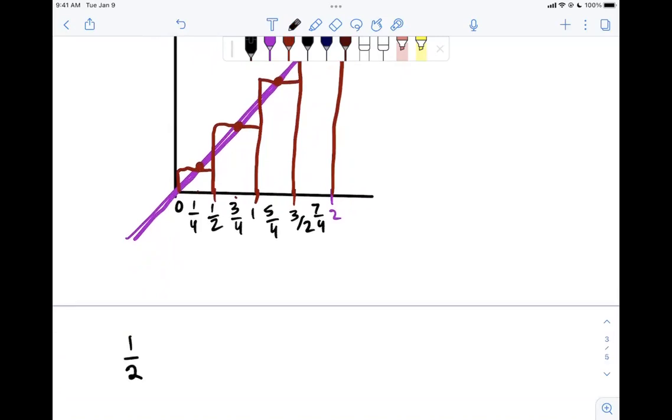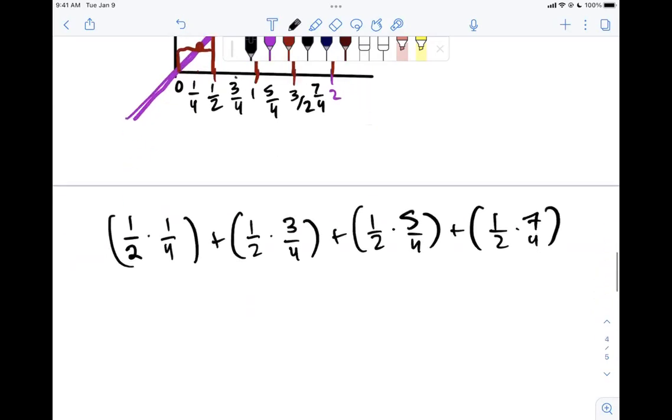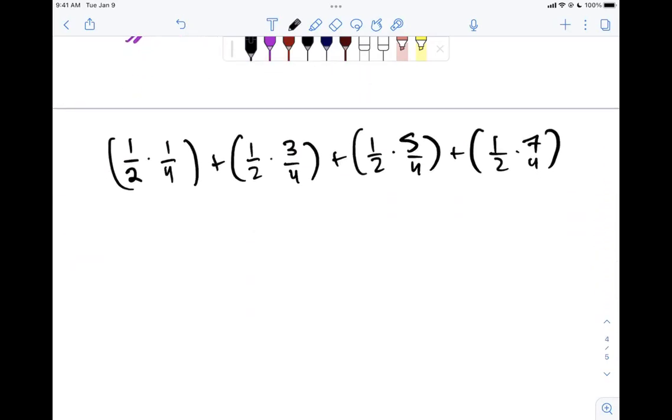So now we're going to have 1/2 times 1/4 plus 1/2 times 3/4 plus 1/2 times 5/4 plus 1/2 times 7/4. And let's add those up.